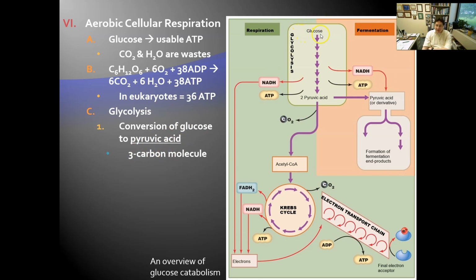So here's my glucose, everyone. Through a series of reactions, we're going to convert that to right here, pyruvic acid. That's glycolysis. We're going to use enzymes here, of course, and we're going to produce some ATP from that. Look at here, glycolysis, I get a little ATP from that. And I also get a little of this molecule called NADH.